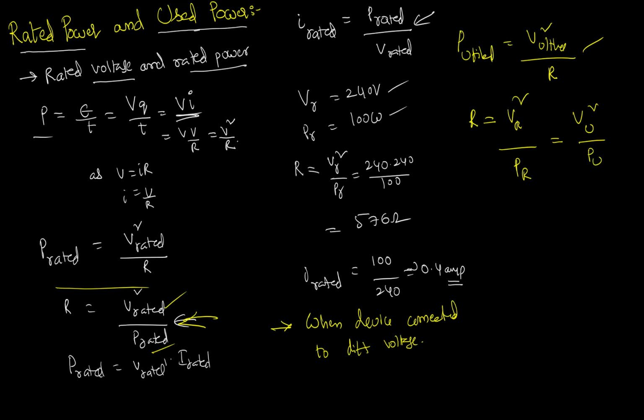If you want to calculate the power utilized, I can just move this term to this side. So power utilized is equal to voltage utilized by voltage rated, whole square, times power rated. That is how we can solve some simple problems based on these concepts.